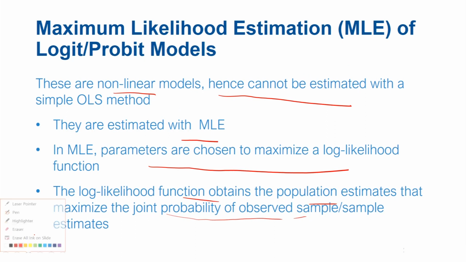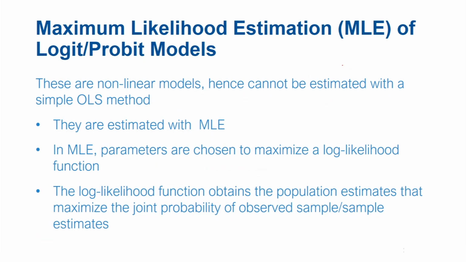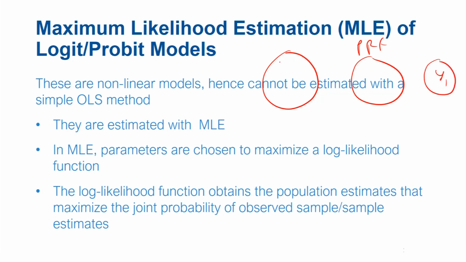Recall our discussion that essentially what we have is a set of population parameters. That means we have a population regression function which maps the observed yi from a given set of variables x2, x3, x4, where parameters may be beta 1, beta 2, beta 3, and so on.